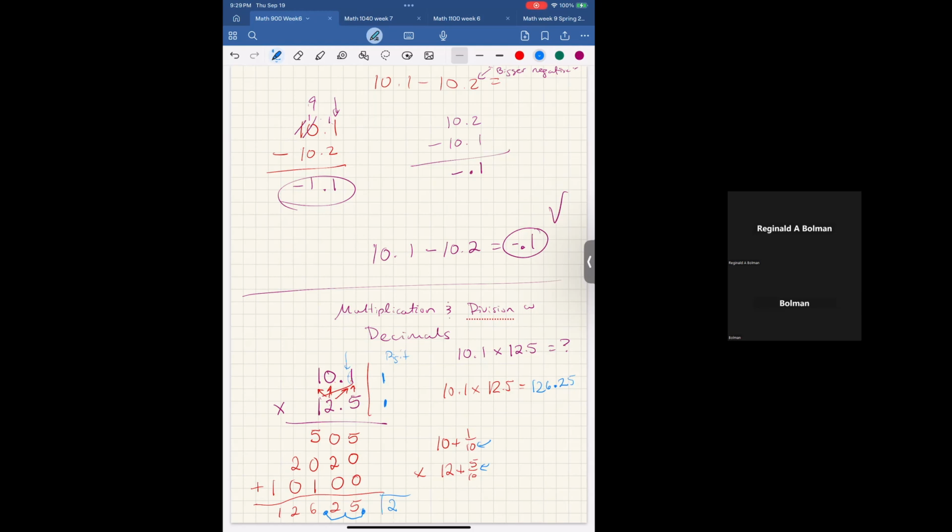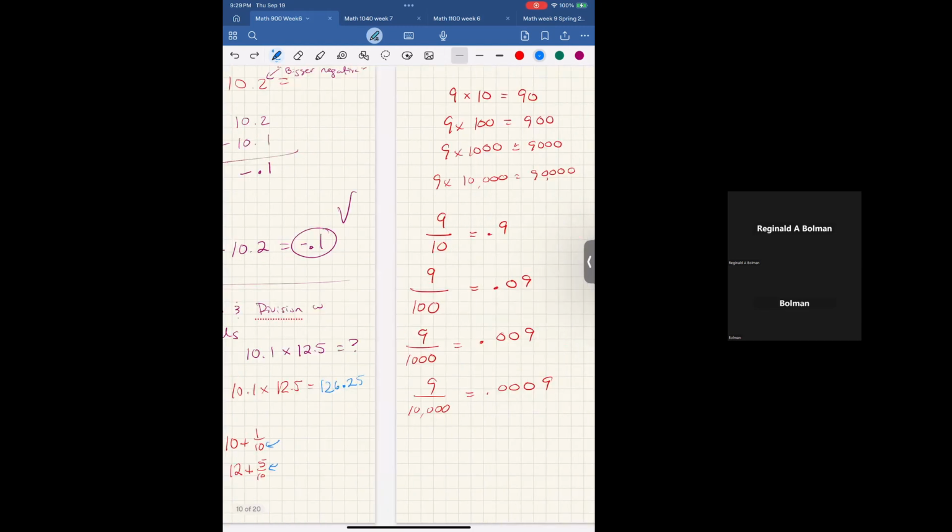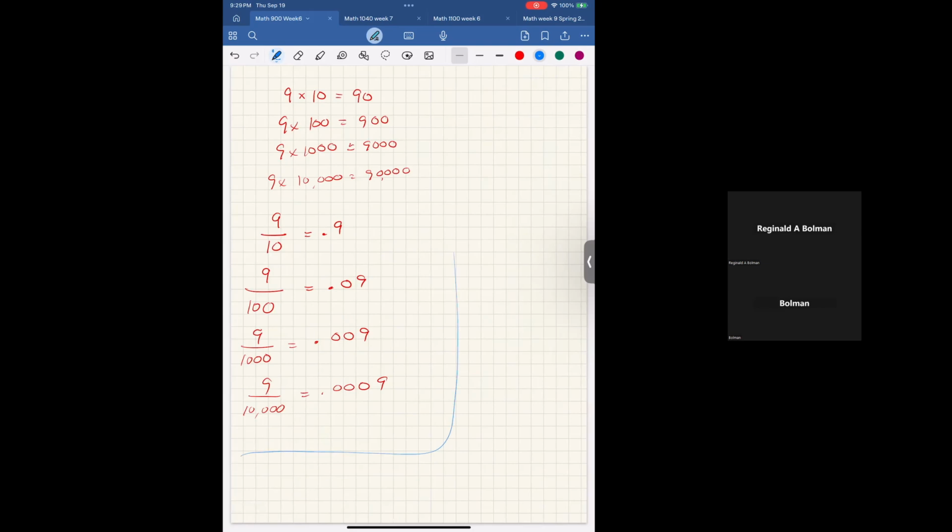You have to remember you've got this little decimal, and it turns out that if you're multiplying with one decimal, then that decimal place, just because it exists, you're going to need to adjust by one position to the right. But if you have two decimal places in this instance, or two decimal digits rather, which is what we have here, where we've got 10.1 and 12.5, now we need to make a second adjustment to our mathematics to account for that.